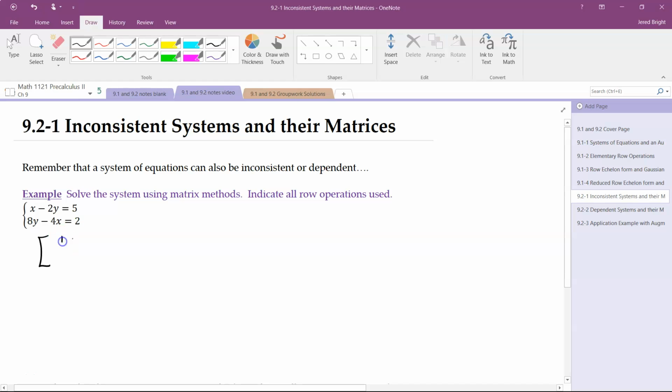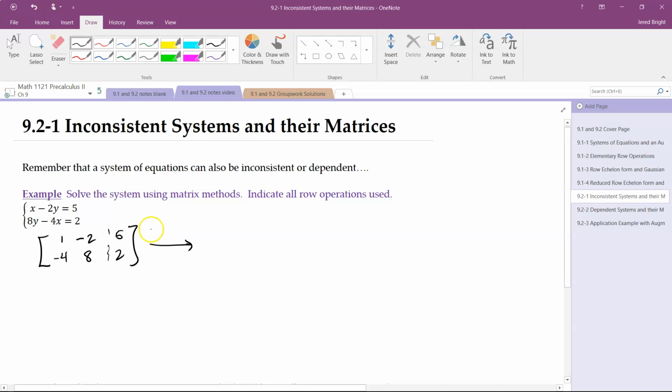When we do that, we get -1, or 1 minus 2, and then again, recognizing x and y are switched here, be careful, 4, 8, and then we get 5 and 2 across our dashed line. So this is my augmented matrix.